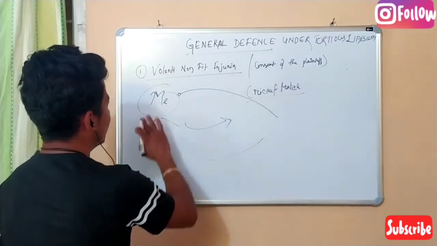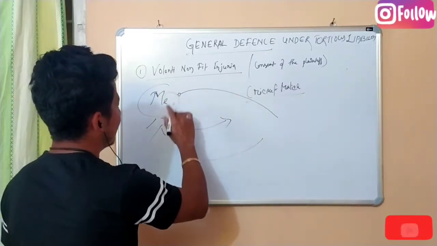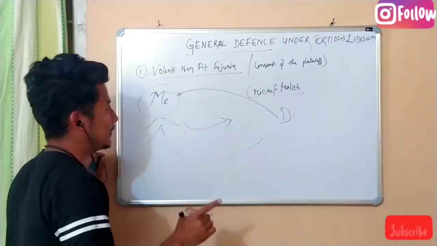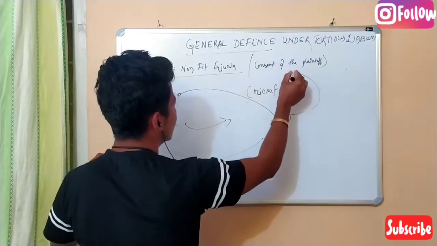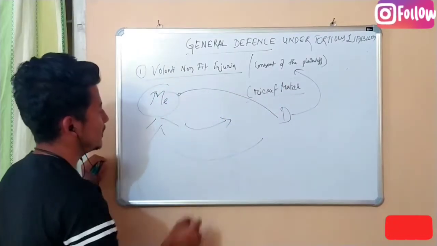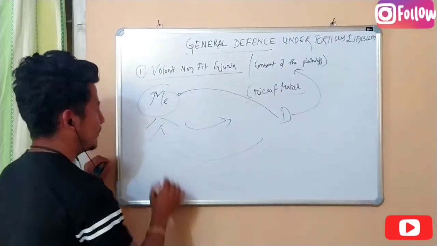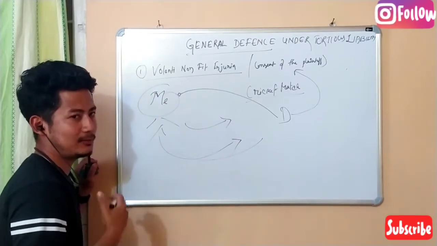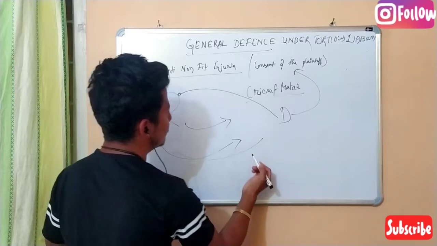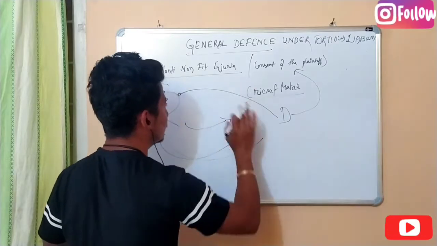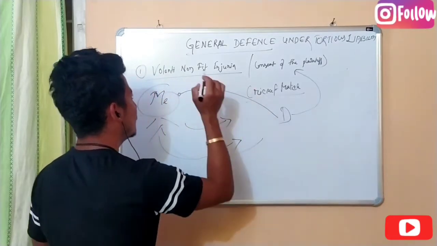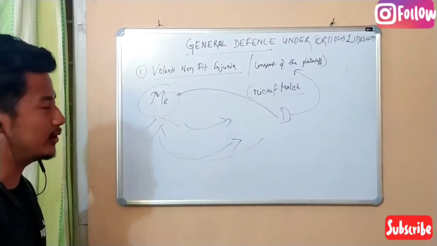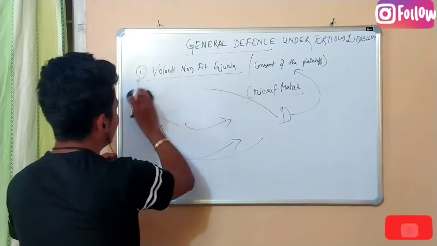The defendant will have the defense of consent of the plaintiff, or volenti non fit injuria, against me. If I plead that I have not given consent, the defendant will have this defense to protect himself from the liability. Okay, let's take another example.